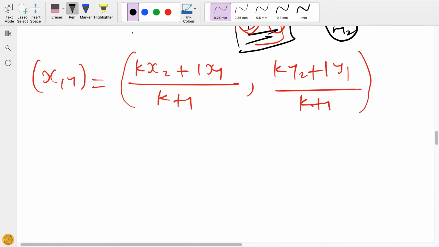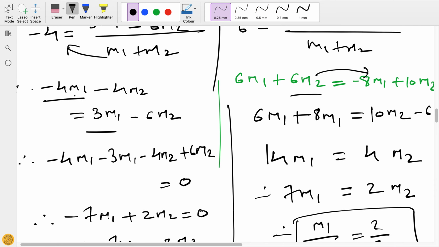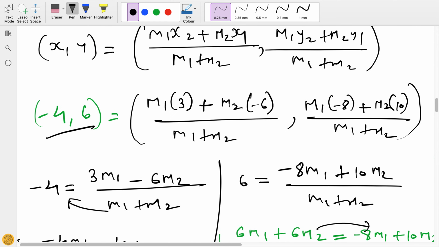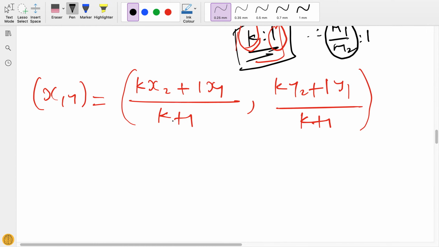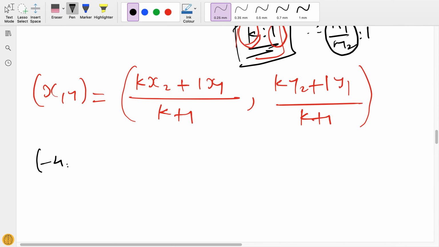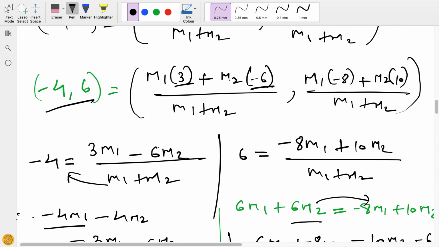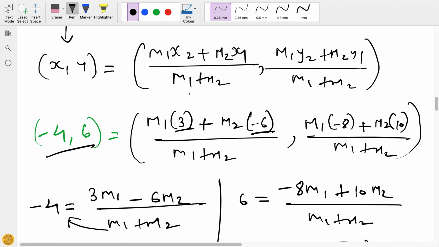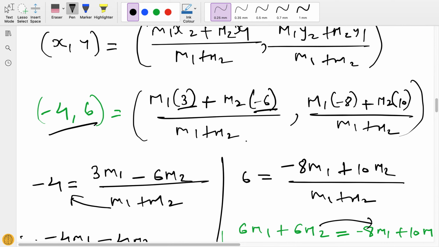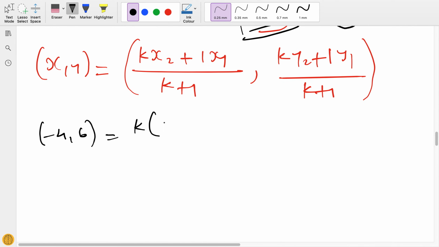So let's solve here. What is xy? xy is minus 4 comma 6, x2 is 3, x1 is minus 6. So minus 4 comma 6, and k is, what was k? k is 3, x2 is 3 and x1 is minus 6. So we can write 3k plus 1 times minus 6 upon k plus 1.